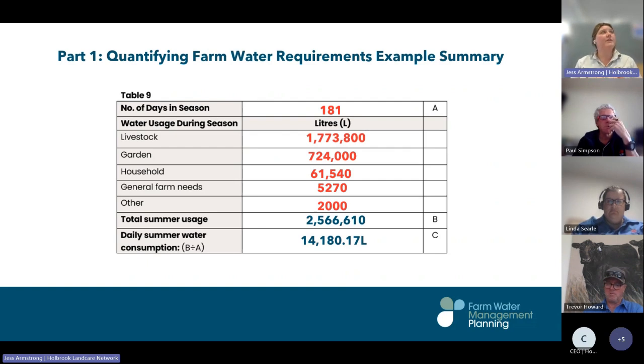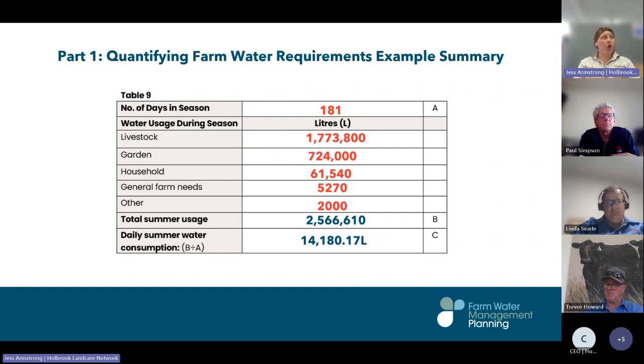Our household is going to require 61,540 litres. Our general farm needs, being our spraying, is going to require 5,270 litres. And we know that for our firefighting reserves, we're going to need at least 2,000 litres of water.